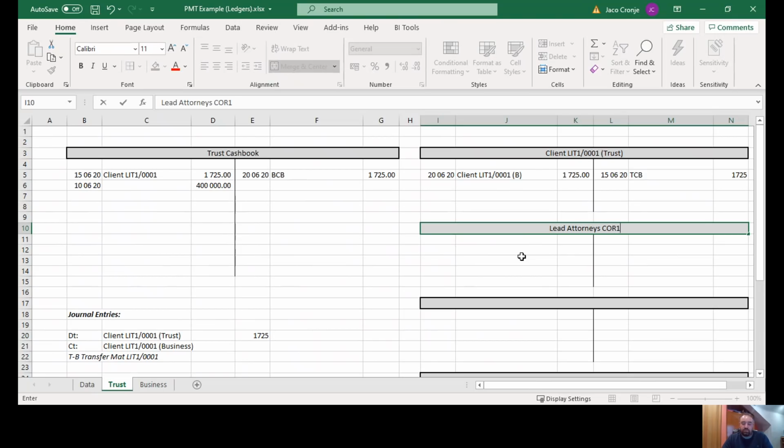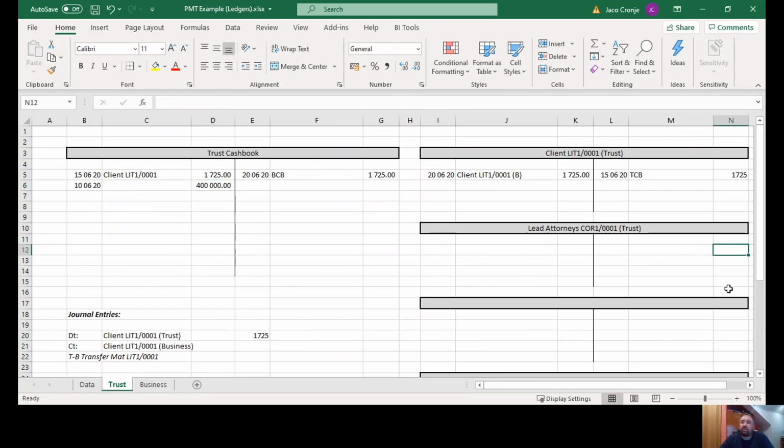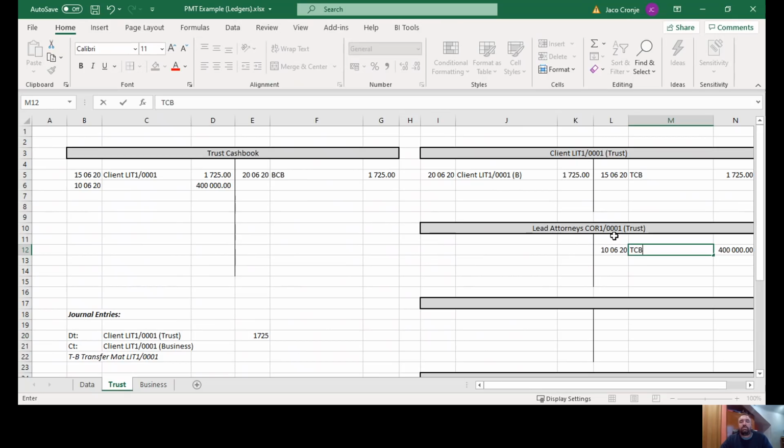My matter reference is COR11, and this is now their trust ledger. So if it's a debit there, it's a credit on this side. And what is my description? My description is the name of the contra account, so TCB, and in this case, lead attorneys COR11.